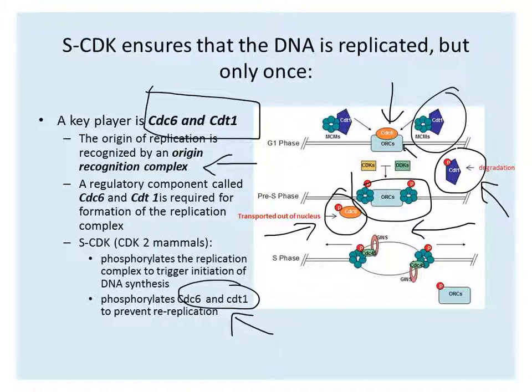So keep in mind, you've learned about these CDKs, and their activity is critical for movement from G1 to S, and there are also CDKs that are important for movement from G2 into M. Right now we've just talked about some of the activities of the CDKs that are critical for the G1 checkpoint, and how their activity is important for moving the cells into S phase. And we've looked at two different targets now, pRB and CDC6 and CDT1.